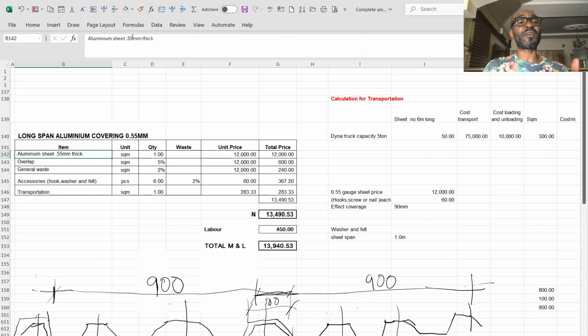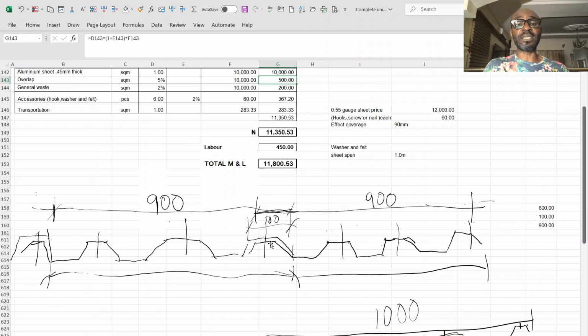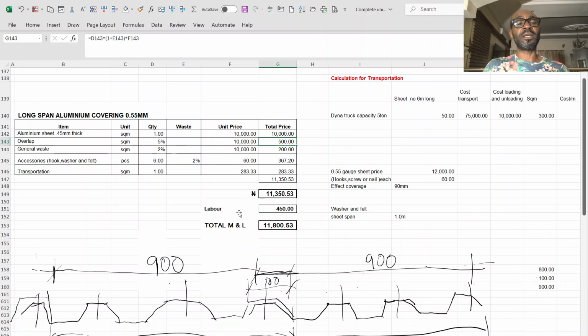Like I said, the only variable in all of this analysis is the cost of the roofing sheet. Say I have a 0.45 and the cost is say 10,000. The overlap, so long as it's the same 1 meter roofing sheet and the width of the hip is 100, you're taking 5%, and you're going to have 11,800 as my cost for a 0.45.